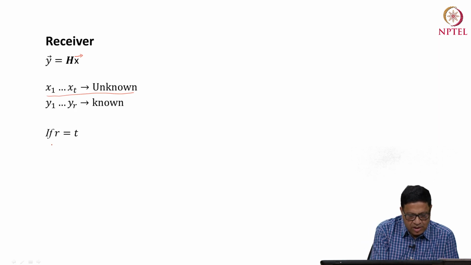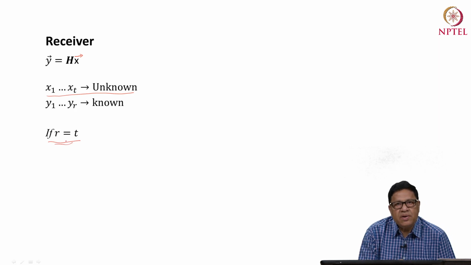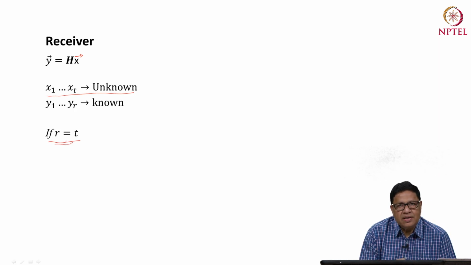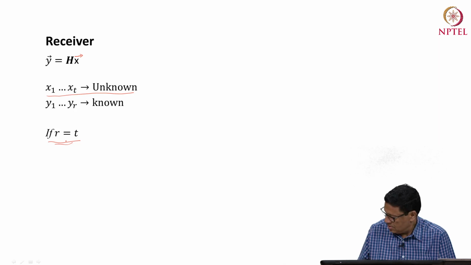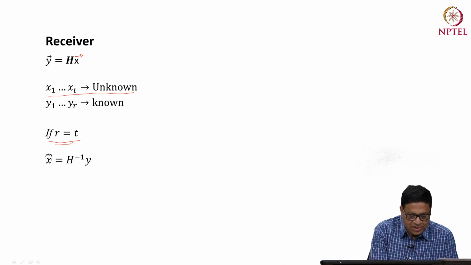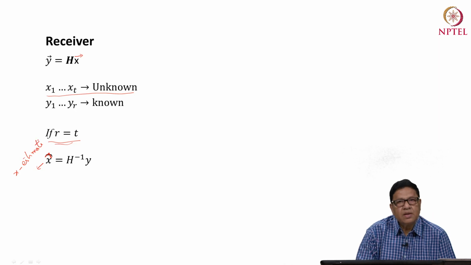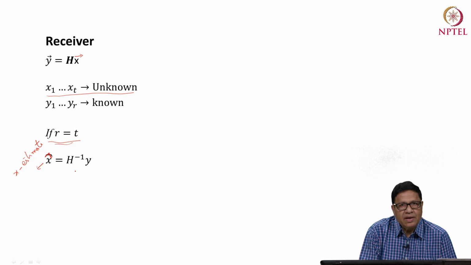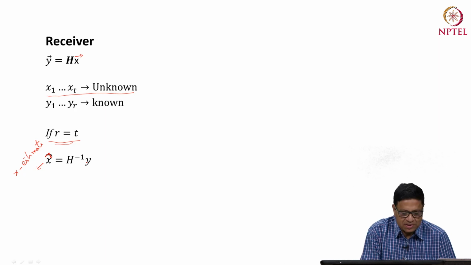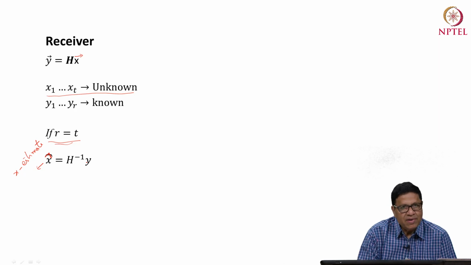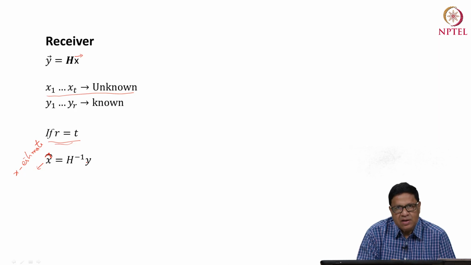If R is equal to T, that is, the numbers of receiver and transmitter antennas are the same, then we can always estimate the value of x, the x estimate, by simply taking the inverse of the channel matrix, H inverse y. Because if R is equal to T, H is a square matrix, and the inverse of a square matrix is possible.